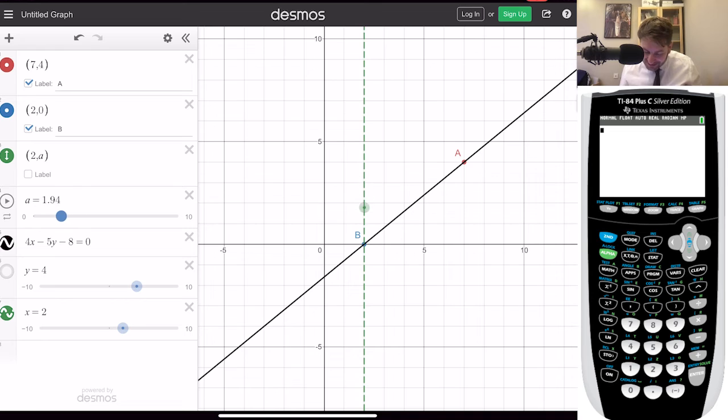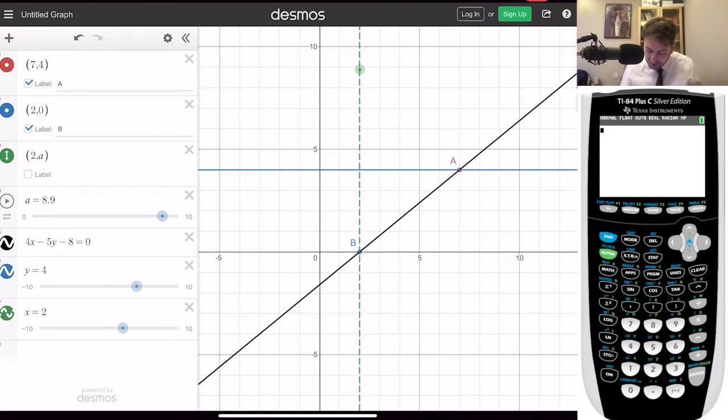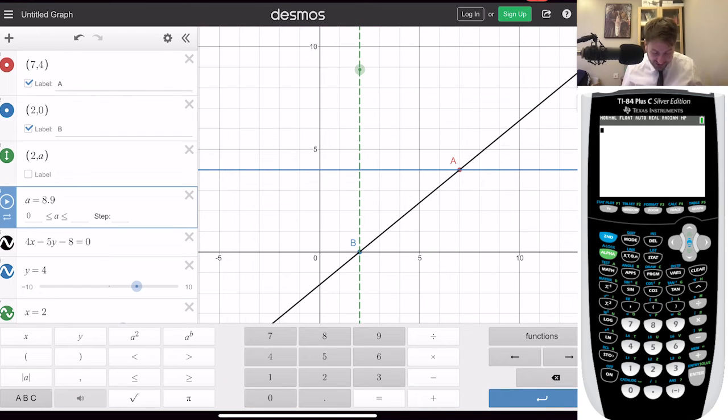Now, since line AB is the same as line AC, it makes an isosceles triangle, which means there is a line in between. The distance of that line from 0 to our coordinate 4 is 4, so the other coordinate must be at 8.